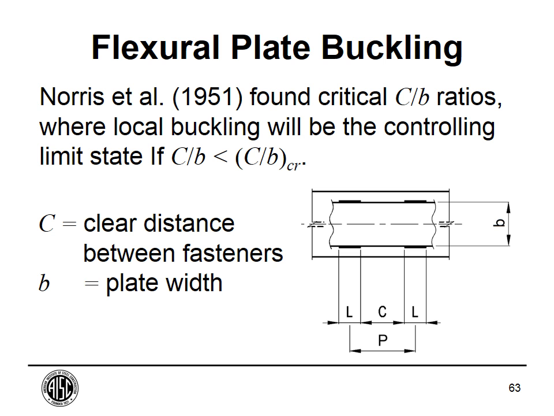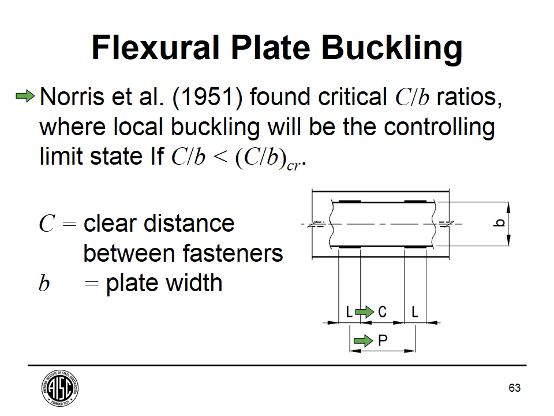So what we can do is take a look at this reference. It's another one of those that's over half a century old, but it's a good one. They did testing and a theoretical analysis to determine a C over B critical ratio, where C is, instead of P, like AISC spec uses, now we're going to use C, which is the clear distance between the welds from here to here.